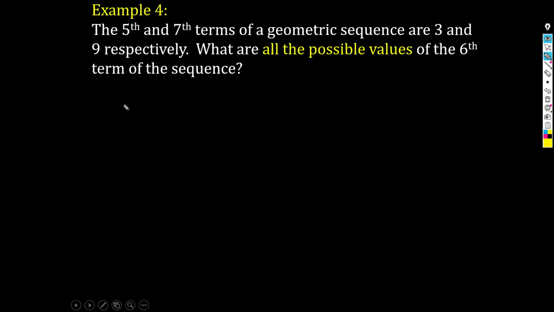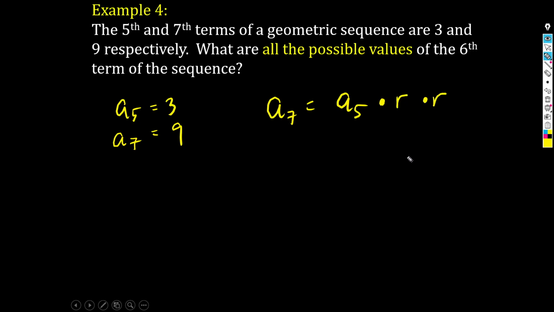I know that a sub 5 is 3, a sub 7 is 9. To get from a sub 5 to a sub 7, I multiply it once and twice by r.